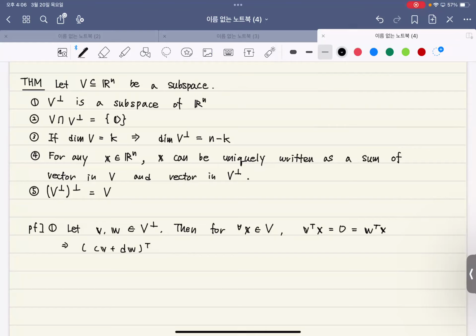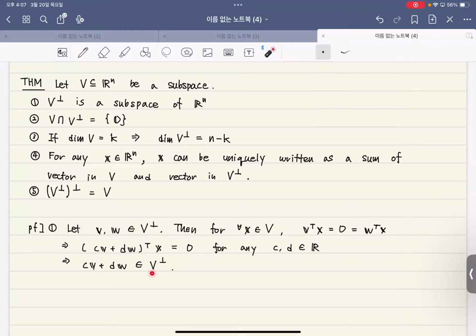But this is also very easy. Since those two inner products equal 0, this one has to be 0 too, for any real numbers C and D. So this vector is again orthogonal to every member of vector space V. Therefore its linear combination is a member of the orthogonal complement, and this space is closed under addition and scalar multiplication.